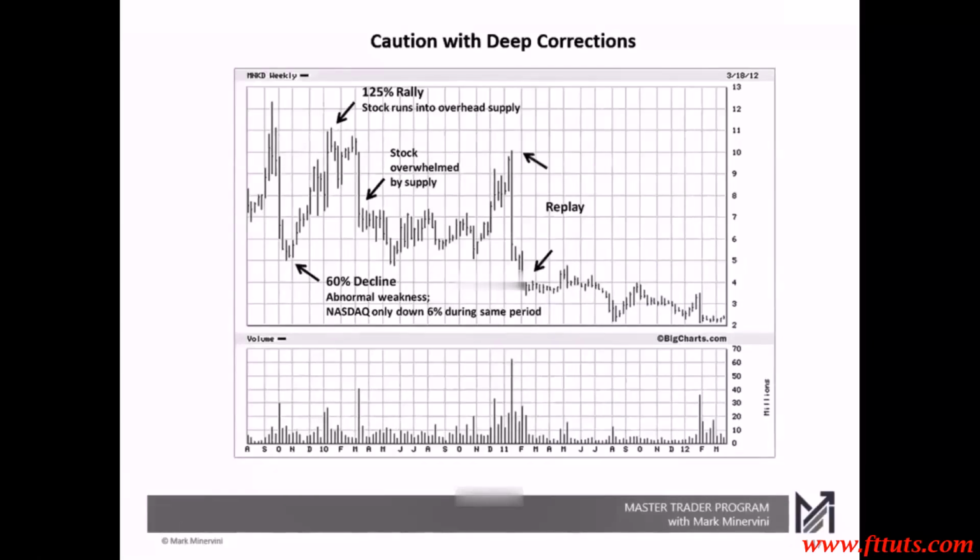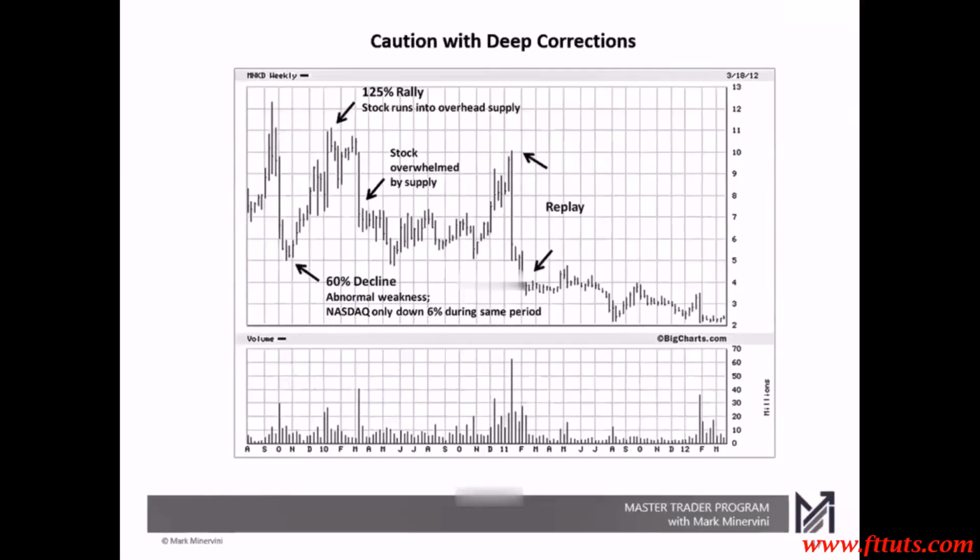You have three problems. One is that the big giant decline right there tells you that something may be wrong with the stock, because why is it falling so much? That's number one. Number two, you've got a lot of trapped buyers, so you have a lot of overhead supply to contend with as it comes back up the right side. And you also have buyers around the lows, as it makes that big move, you've now got a lot of big profits that are going to get sold into.